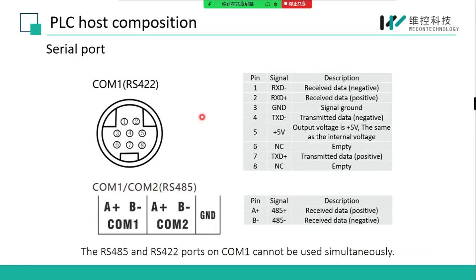Okay, let's move on to the pins for the serial port. First, we can see the S terminal, the RS422 port. If you want to make the communication cable by yourself, you can refer to this pin table.